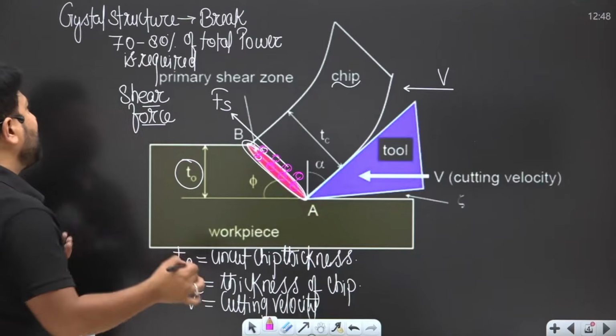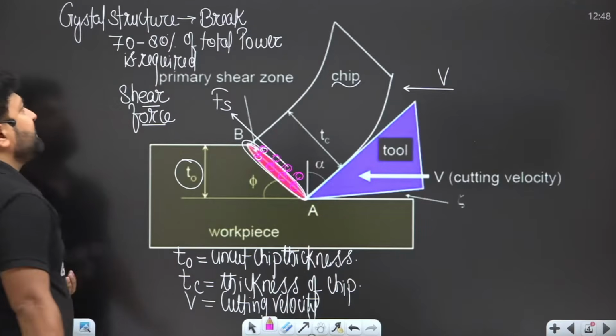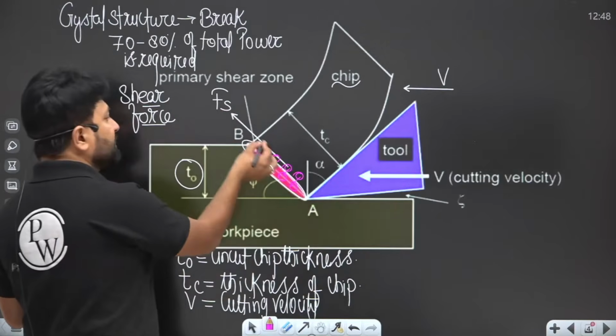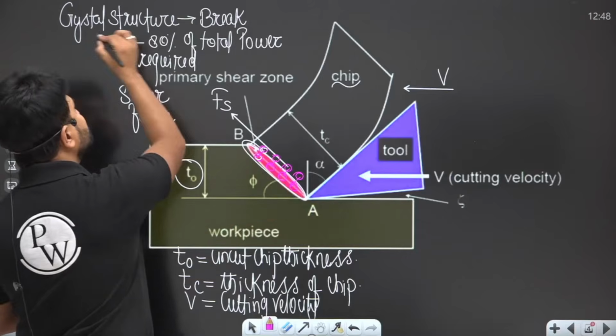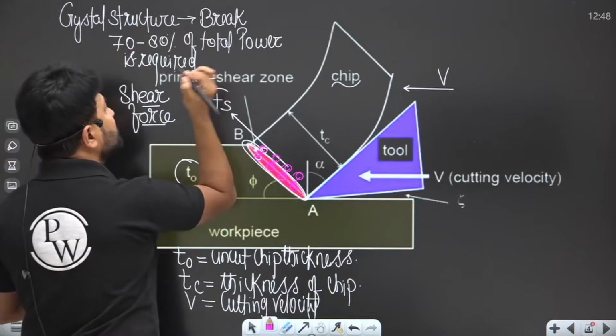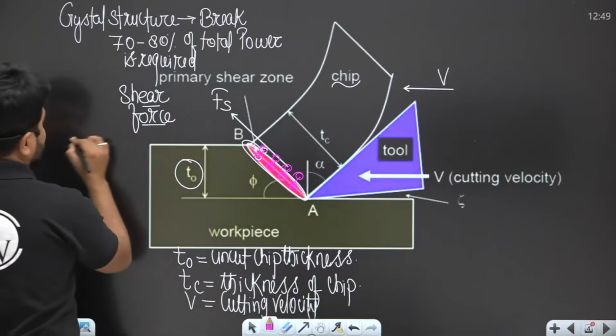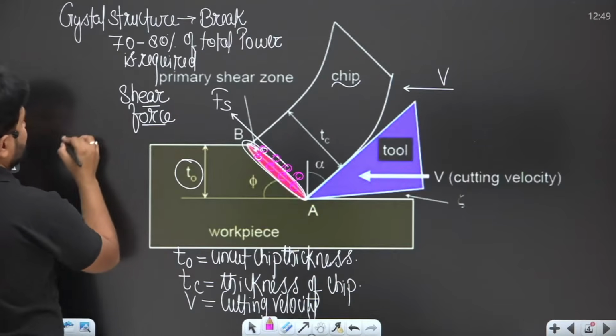For that it requires 70 to 80% of the total power. So initial deformation will happen in that zone. That's why we call it the primary shear zone, or sometimes we call it the primary deformation zone.